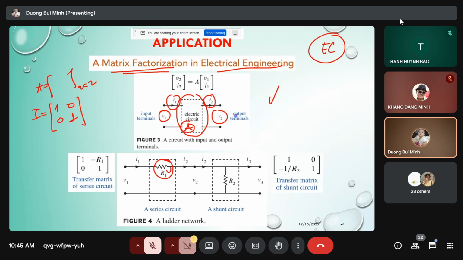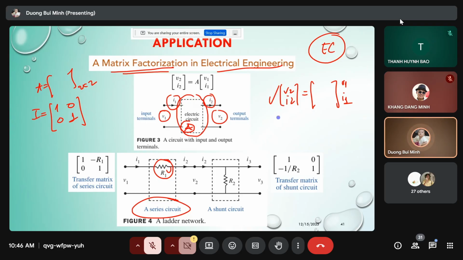For a series circuit, how can we know A? Very easy. You know this is V2, I2, and here we know V1, I1.